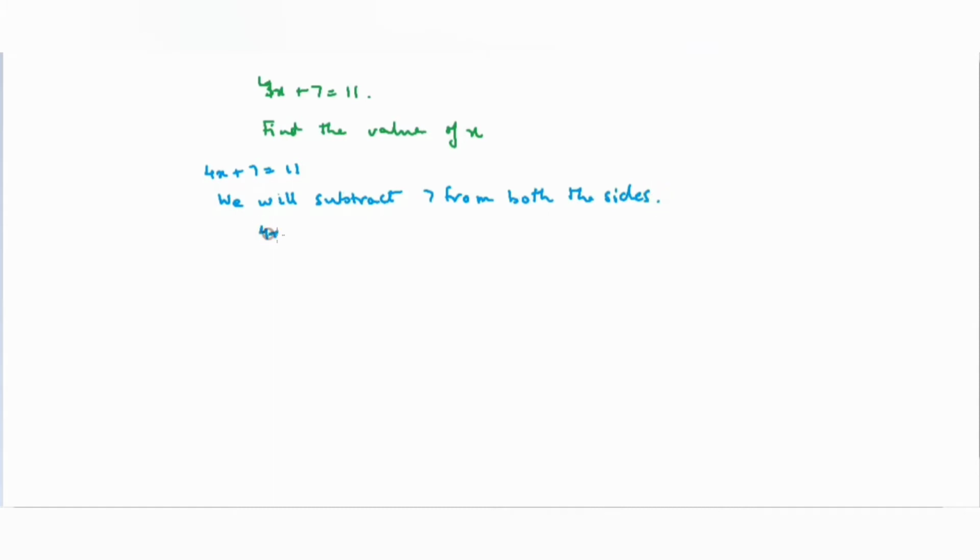So we get 4x plus 7 minus 7 equal to 11 minus 7. Our rules permit us to do so. So here we'll get 7 minus 7 equal to 0. So we'll be left with 4x equal to 4.